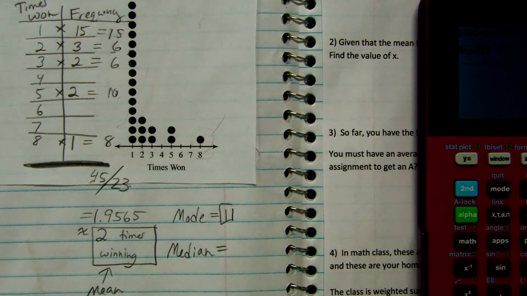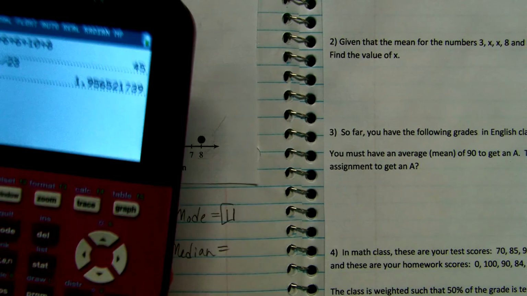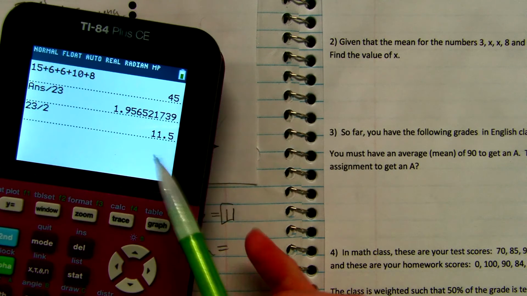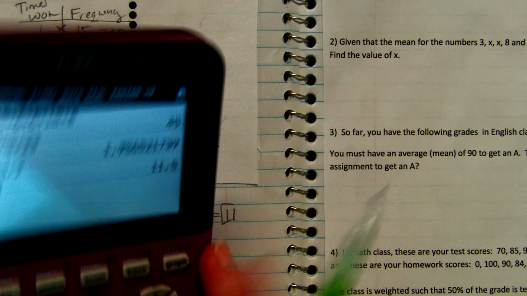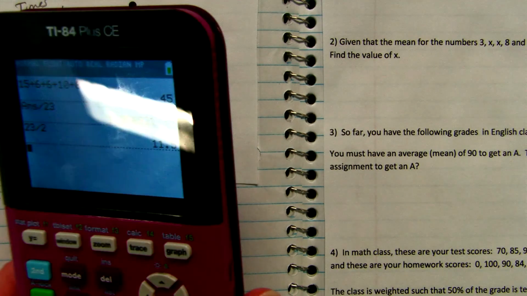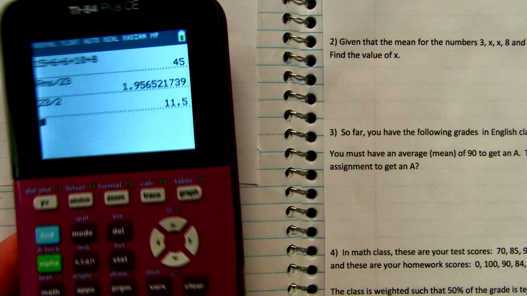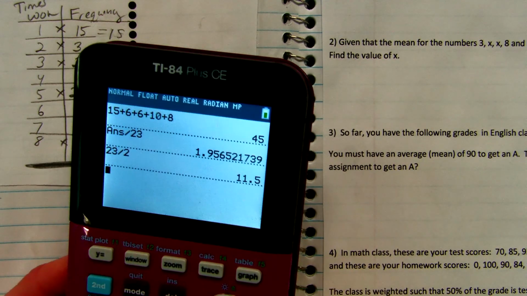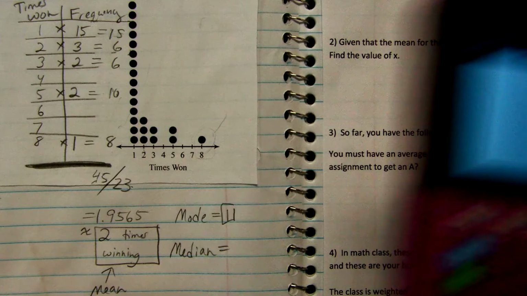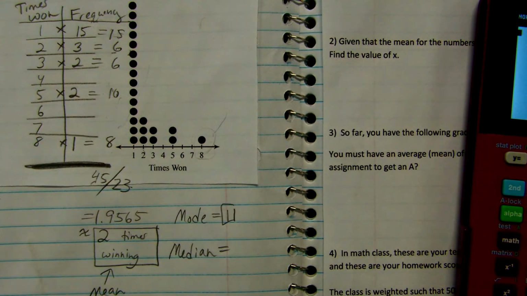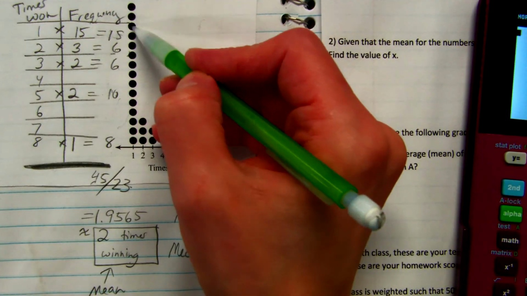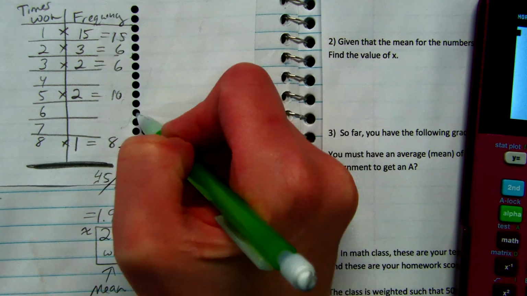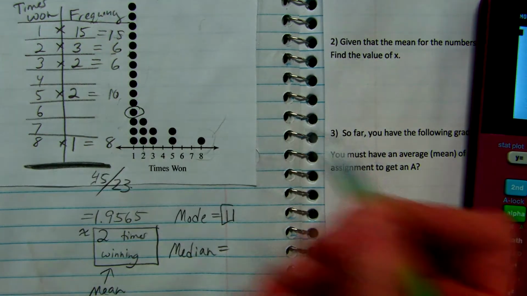So the middle, if I take 23 and divide by 2, that gives me 11.5, which means it's between the 11th person. Actually, it's going to go to the 12th person, if you think about that. So if I find the 12th person this way, 1, 2, 3, 4, 5, 6, 7, 8, 9, 10, 11, 12, I'm pretty sure that's going to be the median.